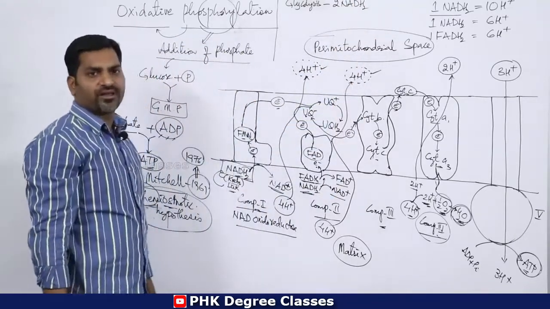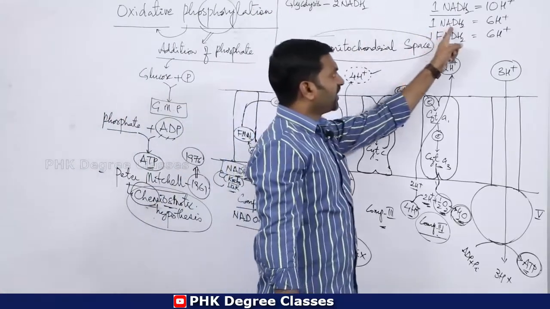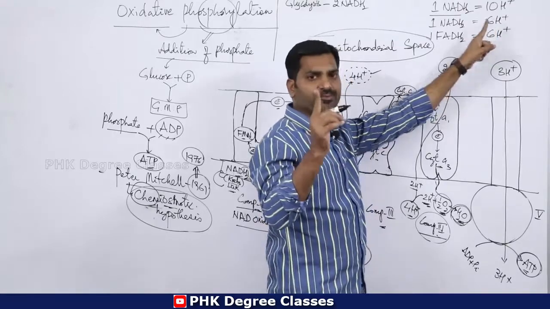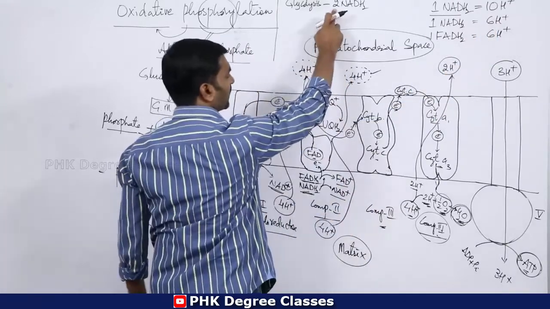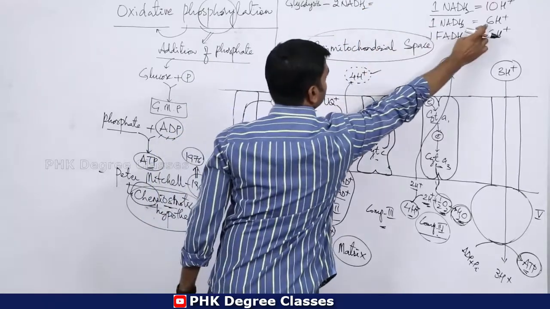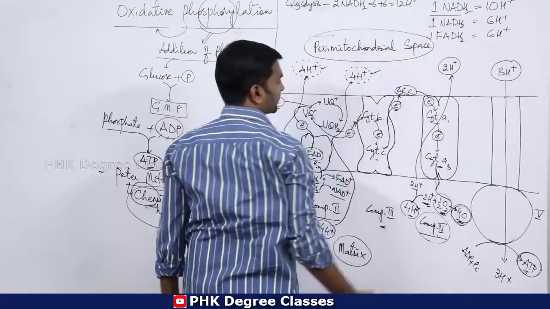So 2 NADH2s are formed in the glycolytic pathway. 1 NADH2 of glycolysis will give rise to 6 protons only, so 2 NADH2s is equal to 6 plus 6, which is 12 protons.